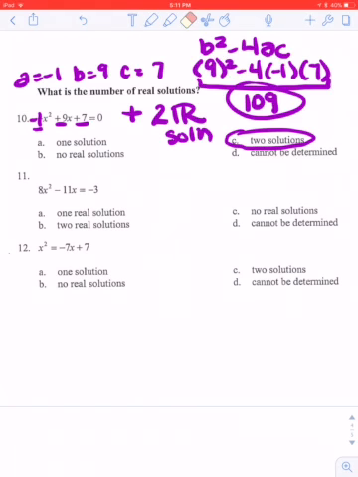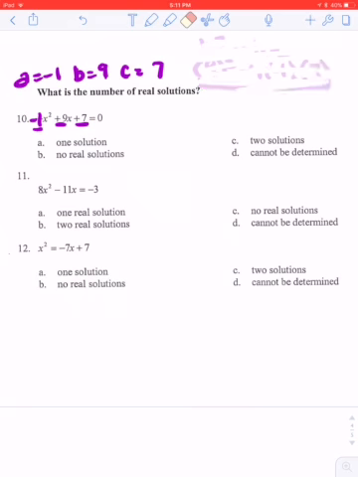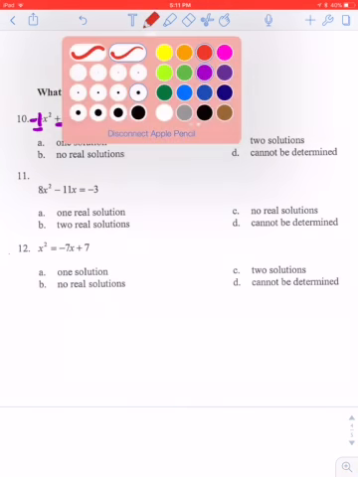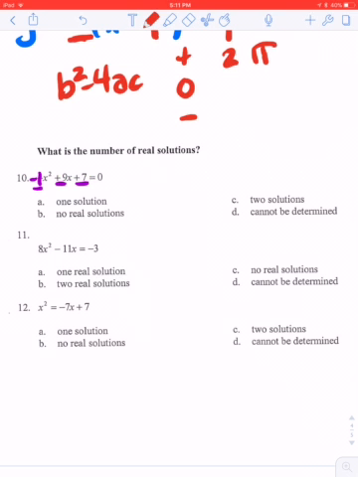So if this number, instead of being 109, let's say that when I solved this... So if I do b squared minus 4ac, remember how we said it's going to be positive, it's going to be 0, or it's going to be negative. So if it's positive, it's 2 real solutions.